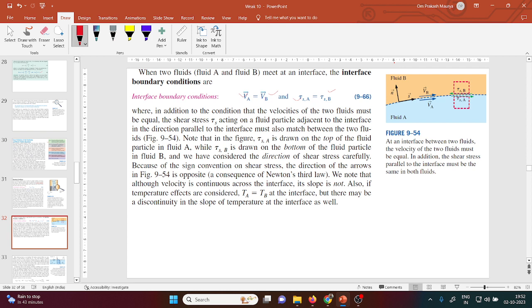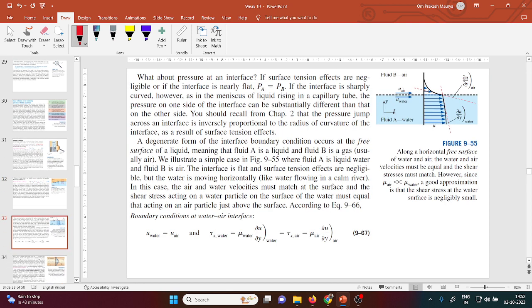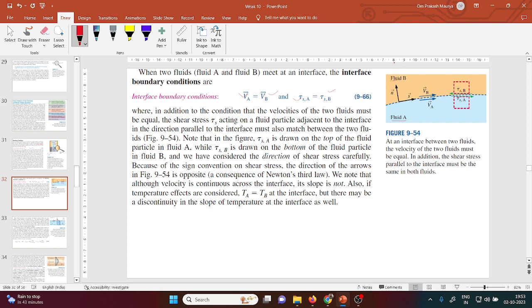Let's say this is also fluid and this is also fluid, but when the interface is between liquid and gas, fluid B is air and fluid A is water. In the case of river flow and open channel flow, as we have seen above, velocity A and velocity B should be equal.